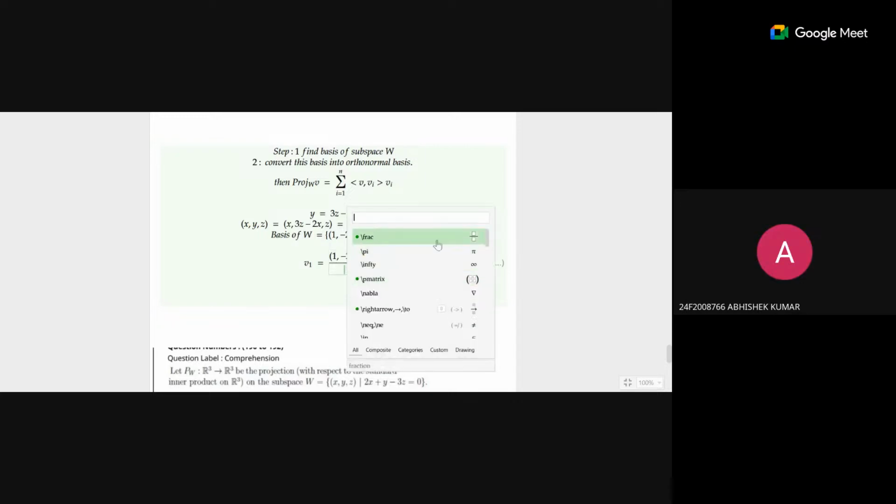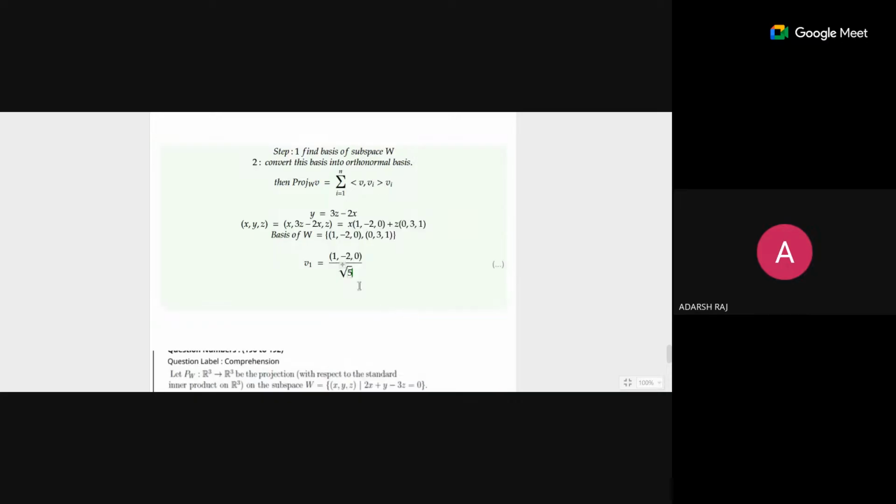So what is the norm of this vector? 1 by root 5 times (1, -2, 0). The norm of this vector is the square root of 1 squared plus 2 squared, which is root 5. So I just take this as v1.